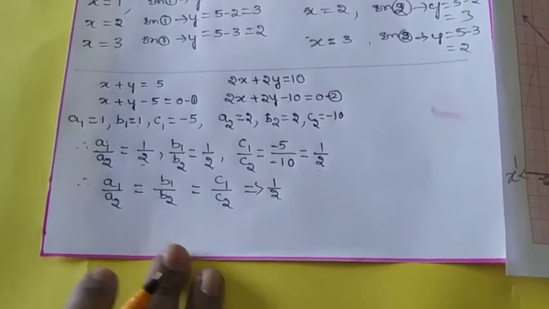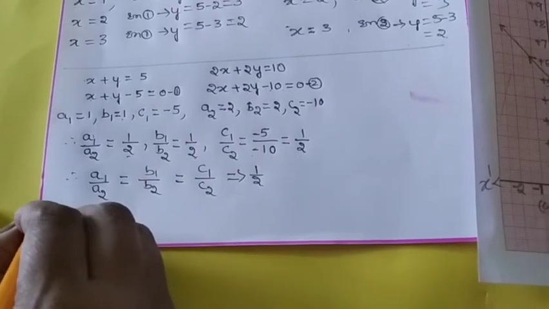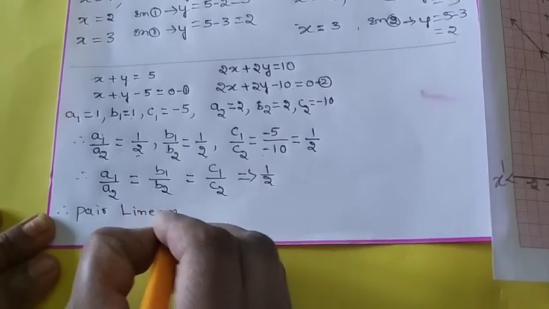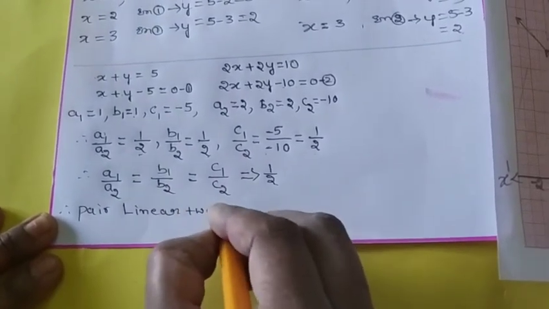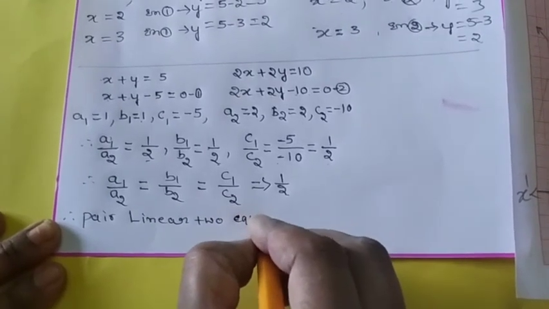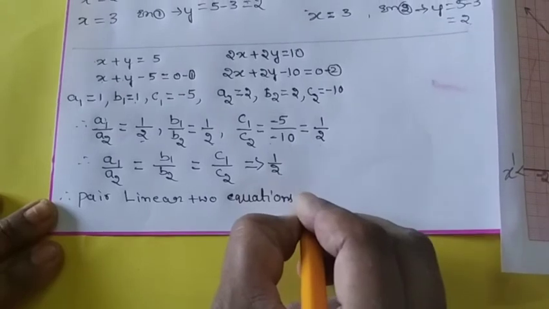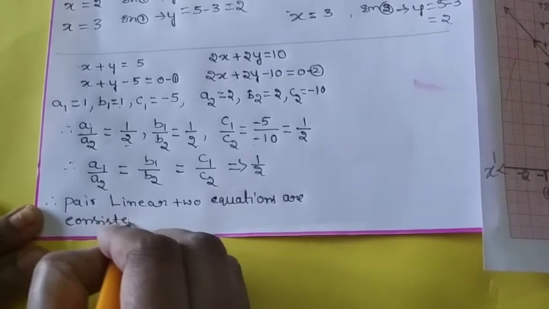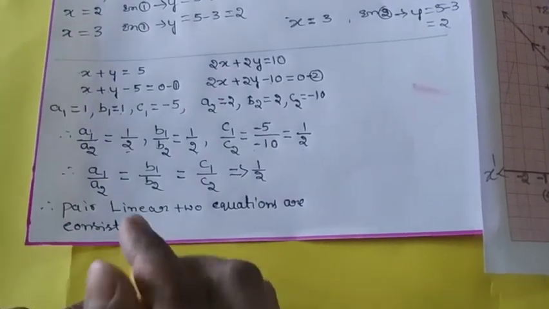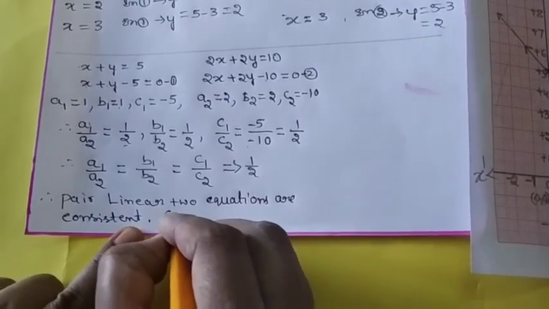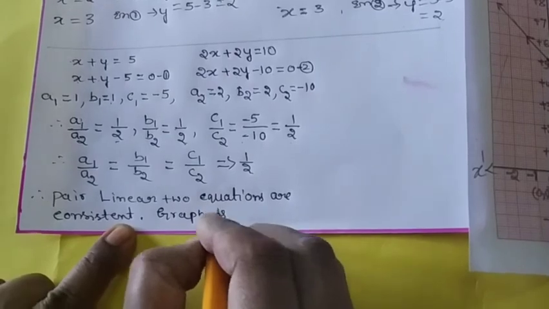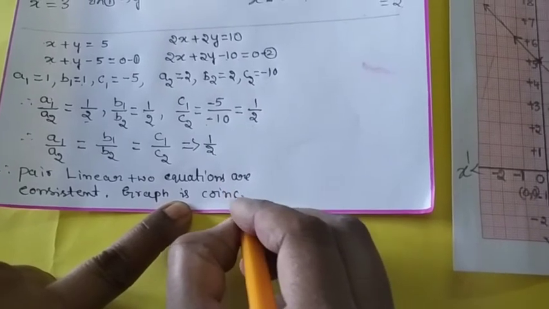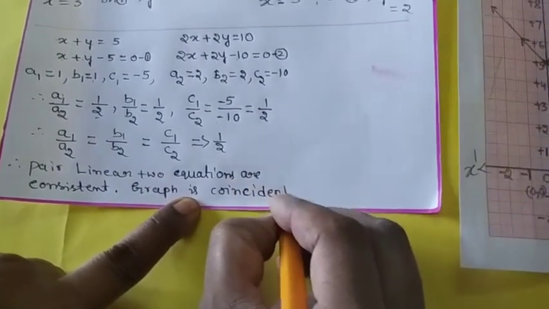Then we conclude the pair of linear equations, the two equations, are consistent and the graph is coincident lines.